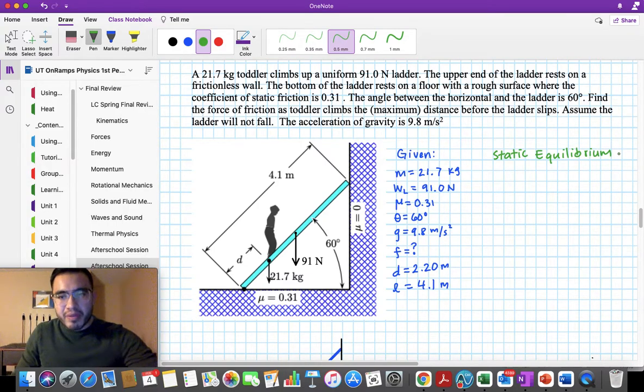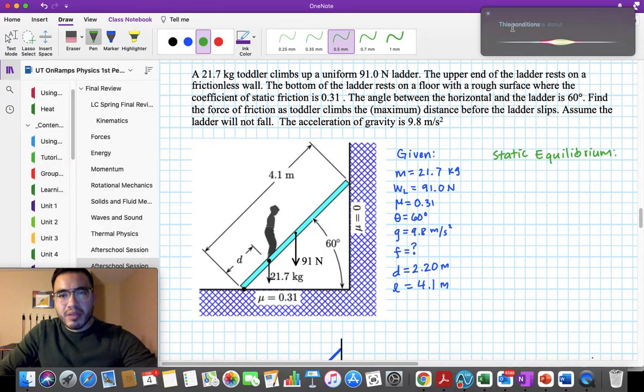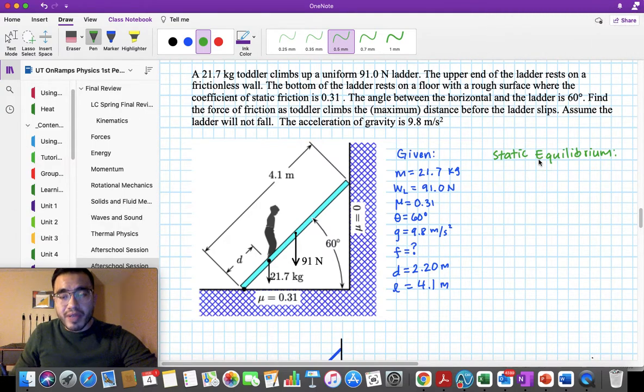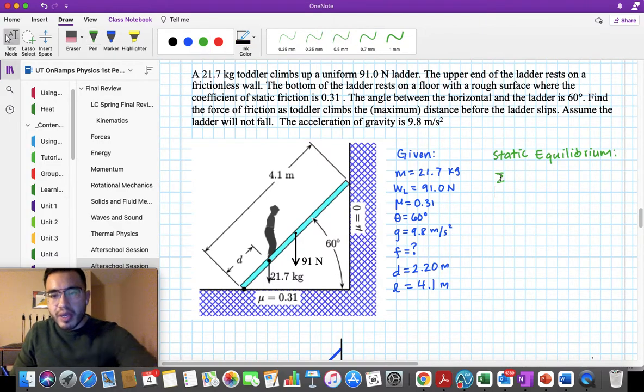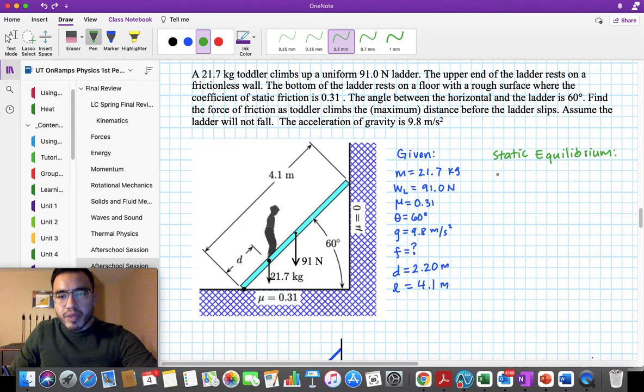This one is in static equilibrium, but these conditions don't apply only for static systems. The ones we're going to use right now are the sum of the forces is equal to 0, and the sum of the torques is equal to 0.